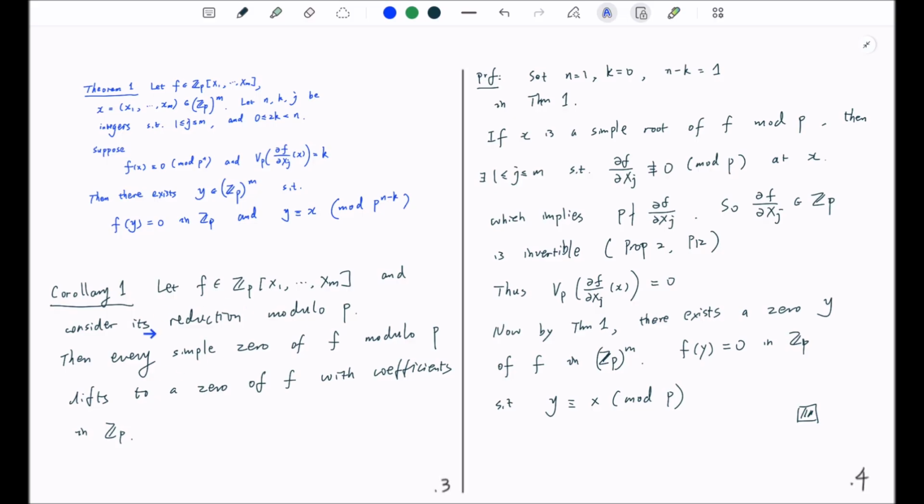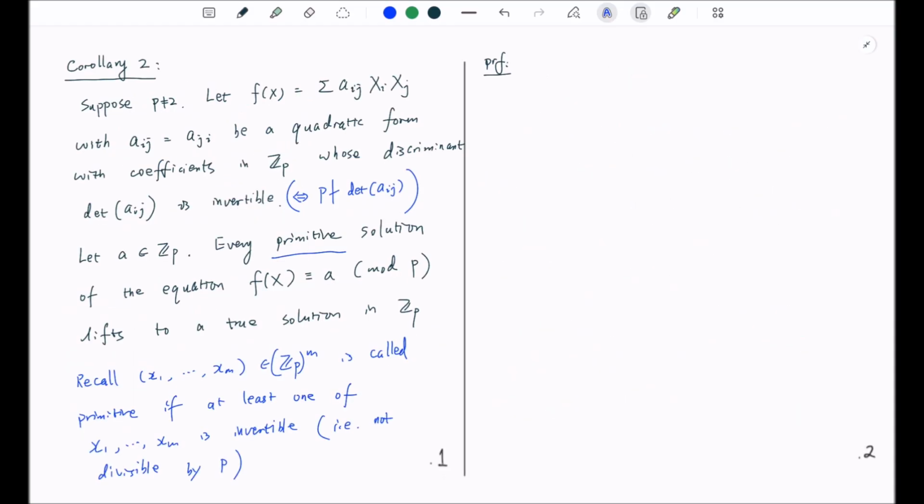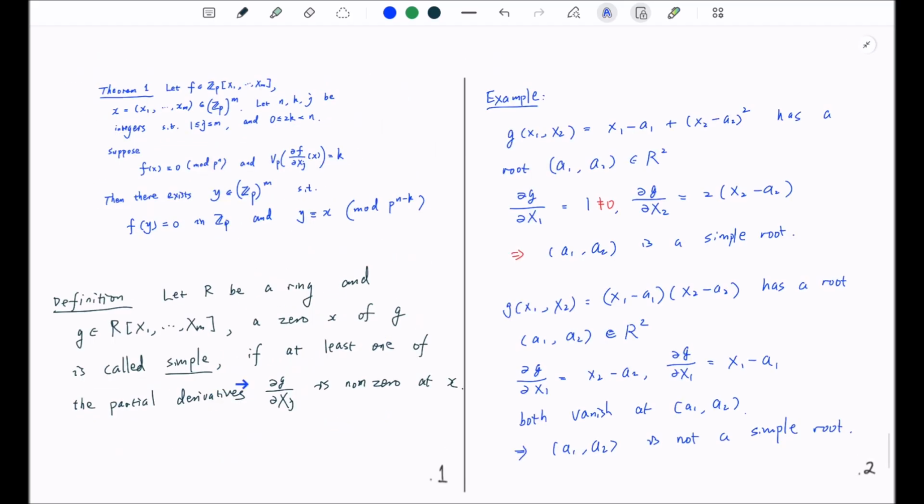Now, in view of our corollary number 1, it suffices to establish that every primitive solution to this equation is simple. Namely, that solution does not annihilate all the partial derivatives of f, which is the definition of simplicity of roots.